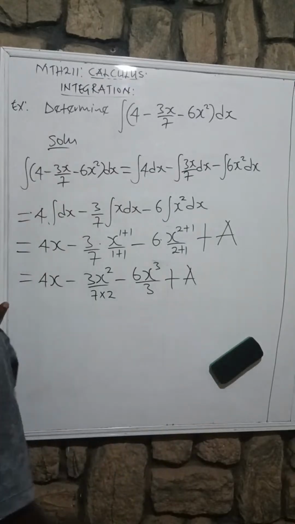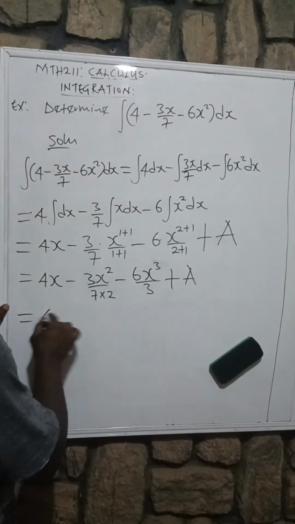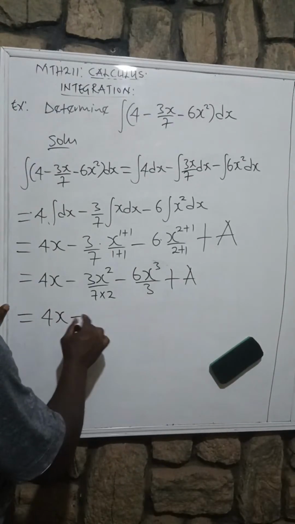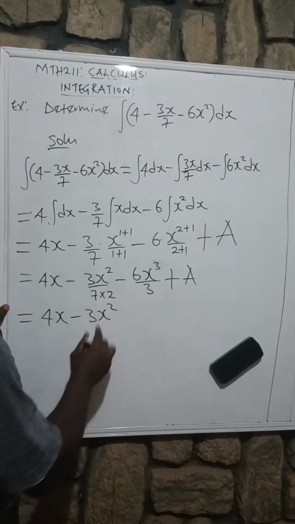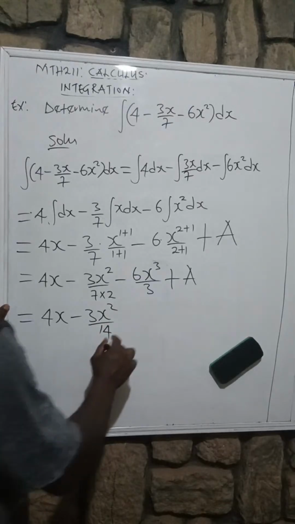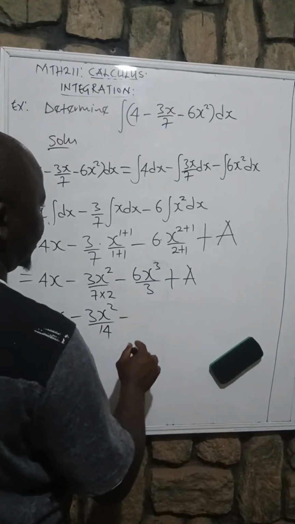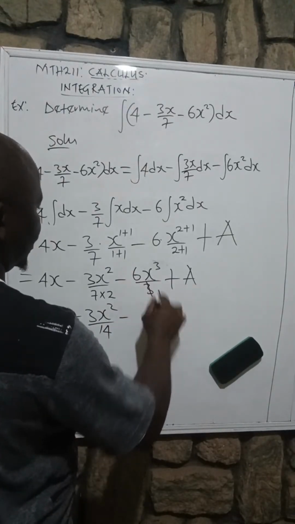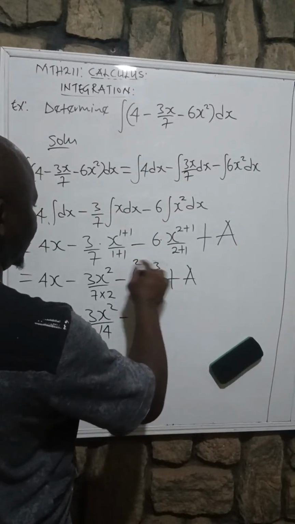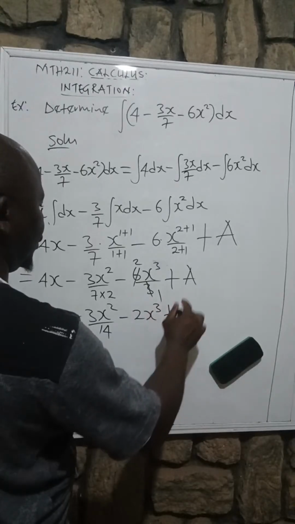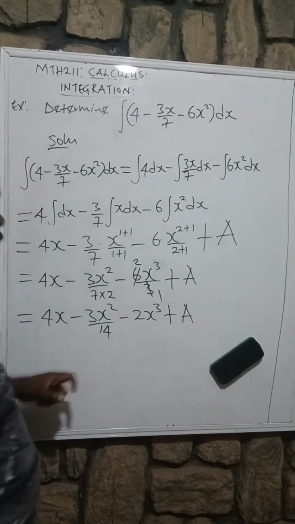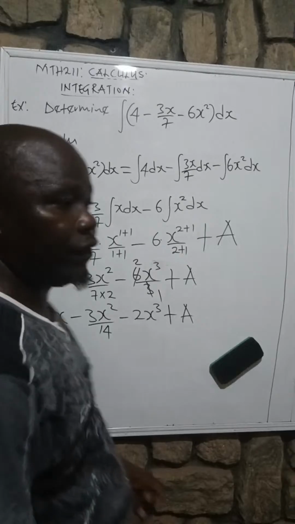Is that clear? So this is equals to 4x minus 3x squared all over 7 times 2, 14, minus 3 to 6, 2x cubed plus a. This is the final answer.